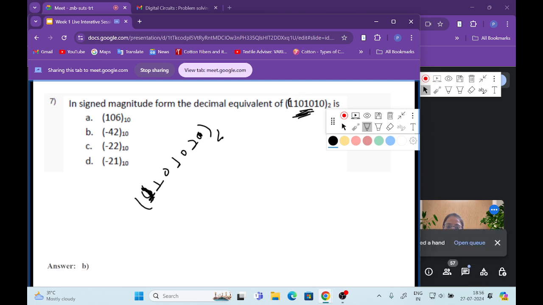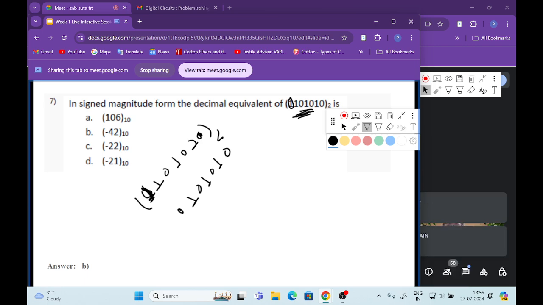First check MSB. It is 1, so that means it is a negative number. Now if you remove this 1, then 0, 1, 0, 1, 0. What will be the decimal number of this? Just check it.